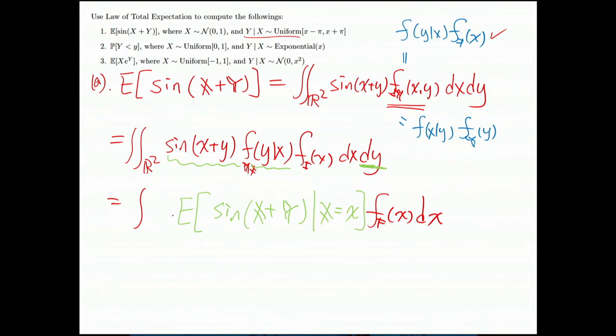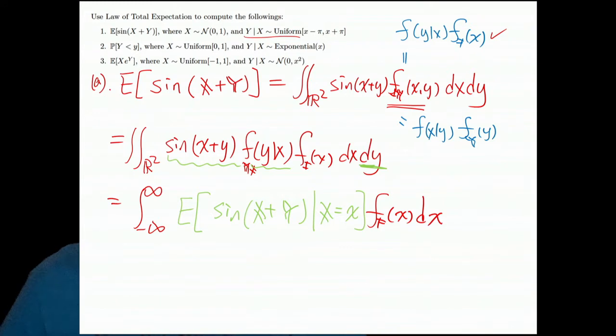Here the x is still normal distribution, so it's from minus infinity to infinity.